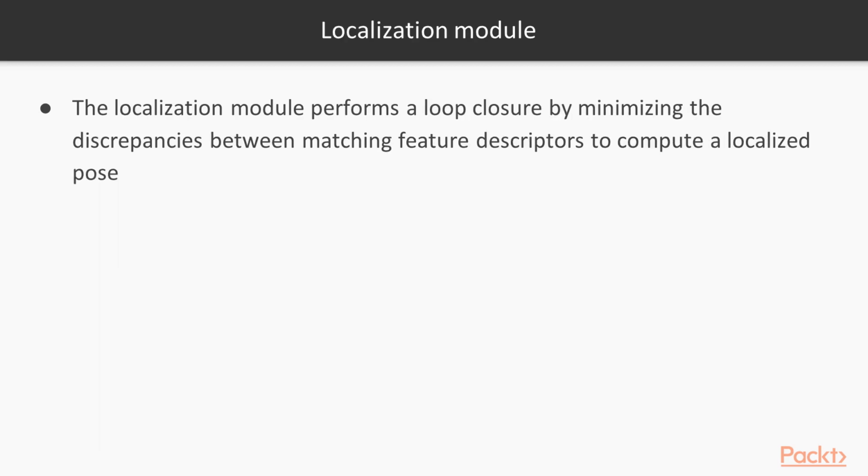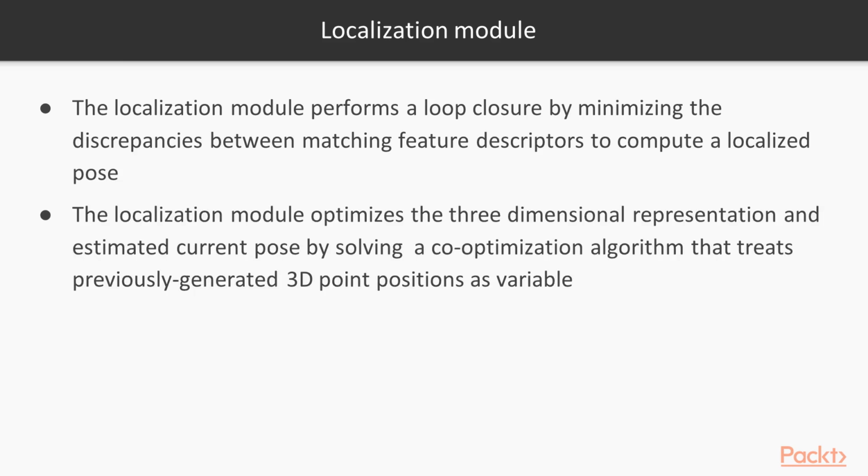Now, let's talk about the localization module. The localization module is basically a module that performs a loop closure, minimizing the discrepancies between matching feature descriptors to compute a localized pose. The localization module optimizes the three-dimensional representation and estimated current pose by solving a co-optimization algorithm that treats previously generated 3D points as variables.